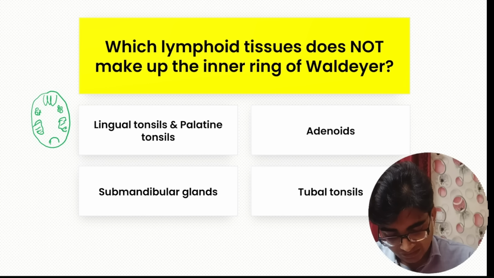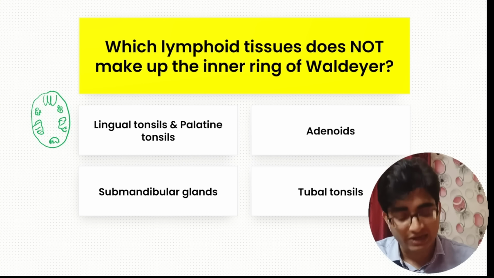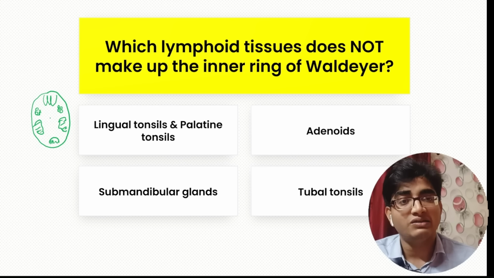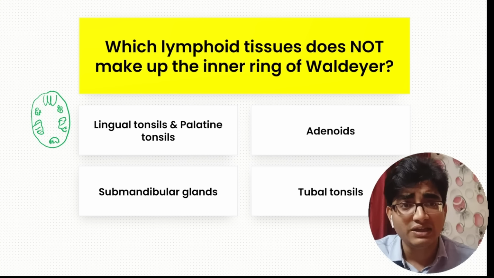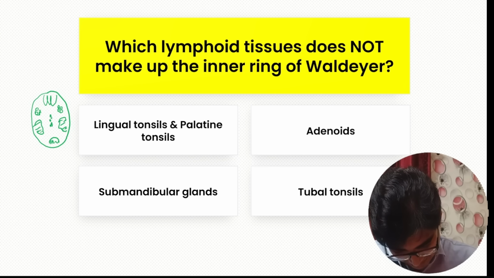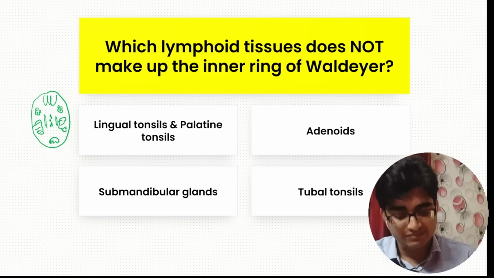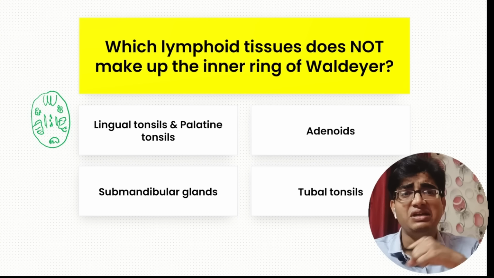Then the lingual tonsils. Along with them, we had also said that physiologically the inner Waldeyer ring also connects to the lymphatic nodules on the posterior pharyngeal wall, as well as there are some lateral pharyngeal bands. So these are there in the inner Waldeyer ring.